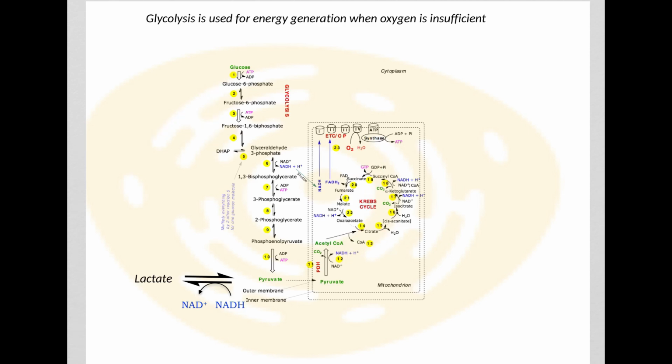Now, if the cell was only going to rely on glycolysis, then it would have to convert this pyruvate into lactate. And why does it have to do that? Because by converting pyruvate into lactate, the NADH is converted into NAD. And why do we have to do this? Well, this NAD can be used right here in this step number 6 of glycolysis.